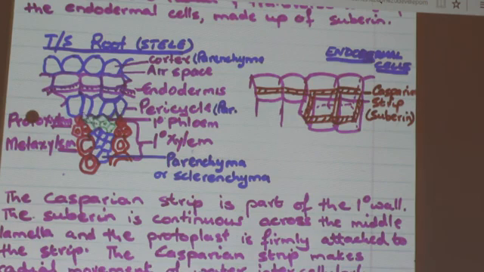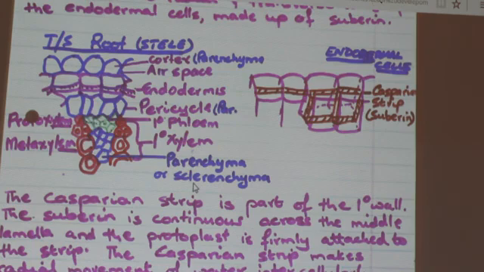One row of parenchyma cells, which we call the pericycle, before you get to the stele. Now, the stele is mainly the xylem, which I've shown you here in red, and the phloem, which I've shown you here in green. But please know that in the stele, we also have parenchyma and sclerenchyma, which I will explain to you in the next lecture.